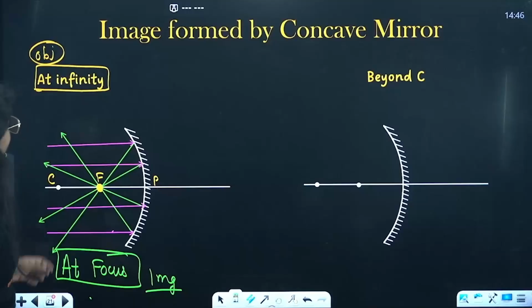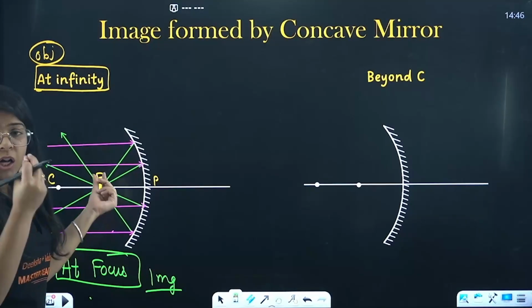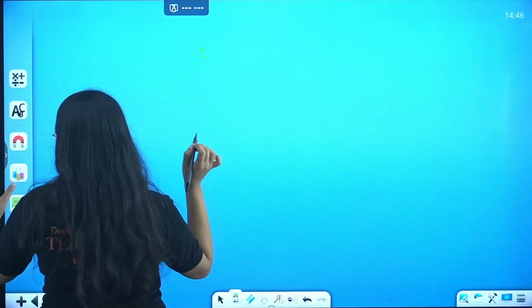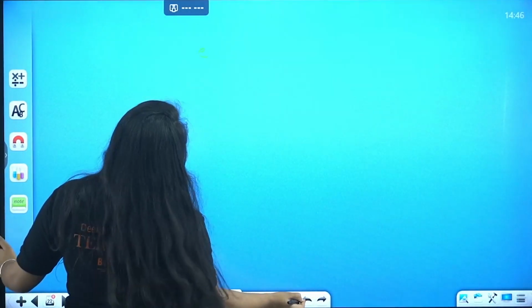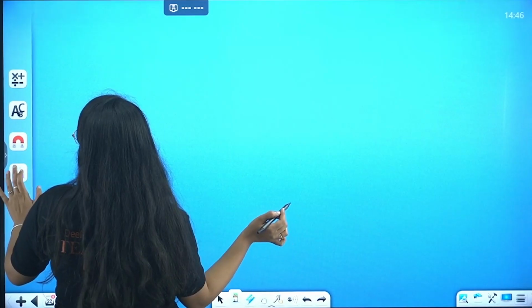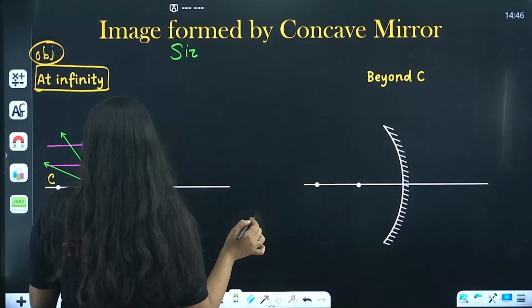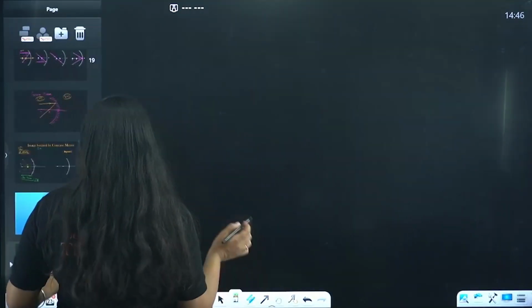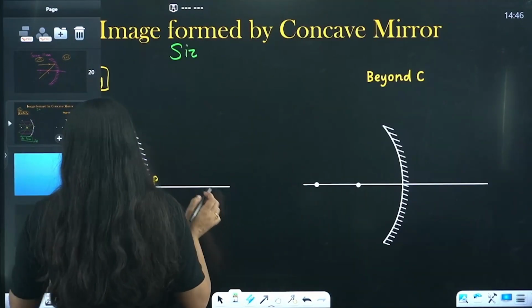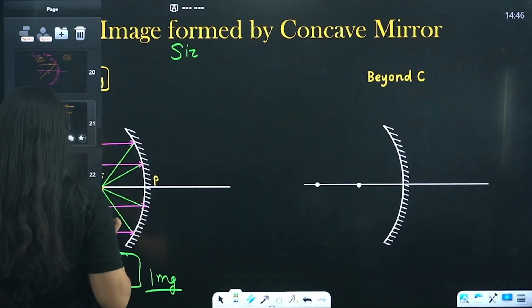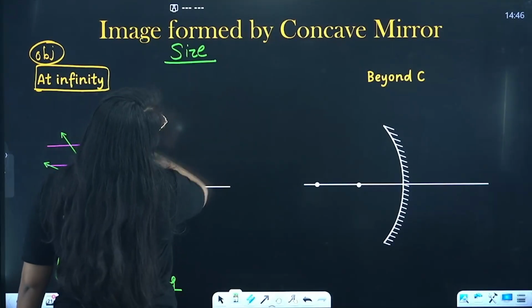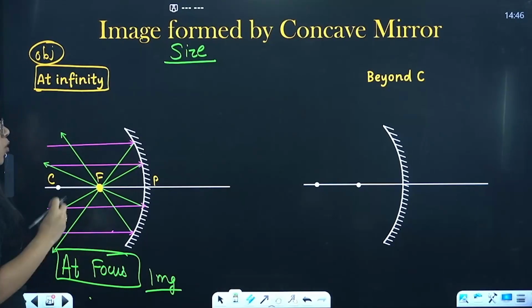This is your image distance or position of image. Done. Next, beta, remember, this is a small sized image. So we have to write the size of the image, right? Now the size of the image is very, very small, point sized.